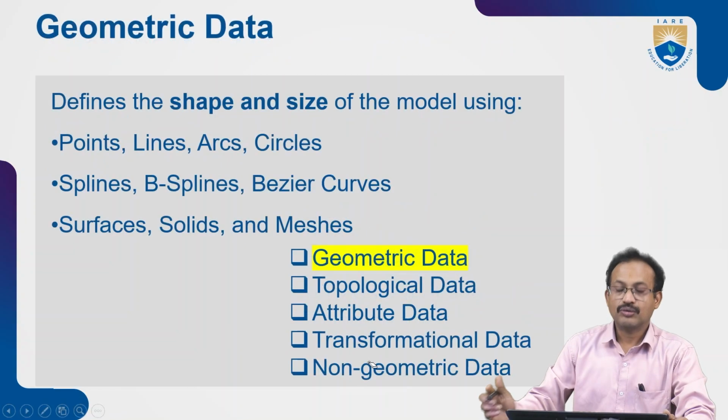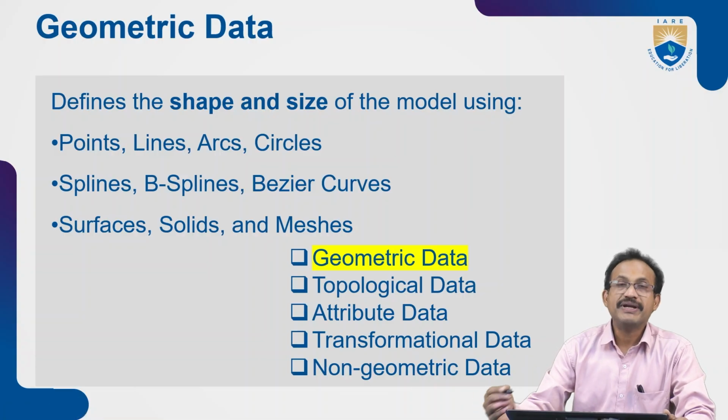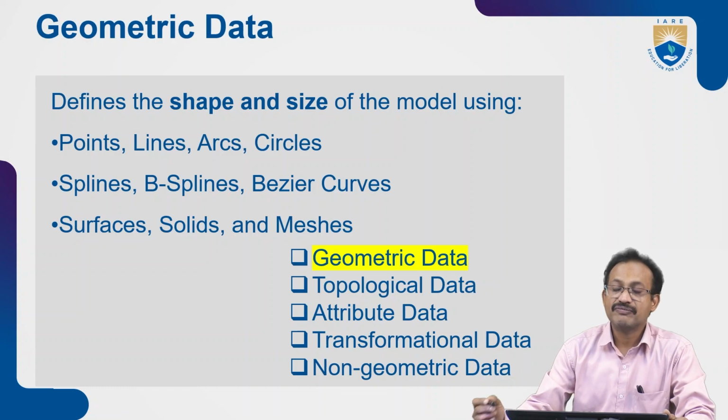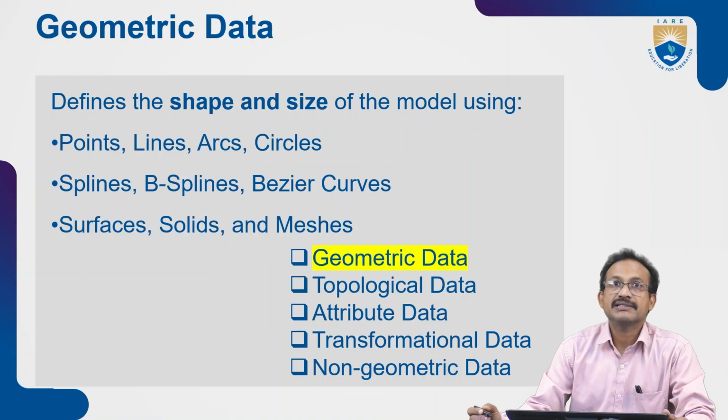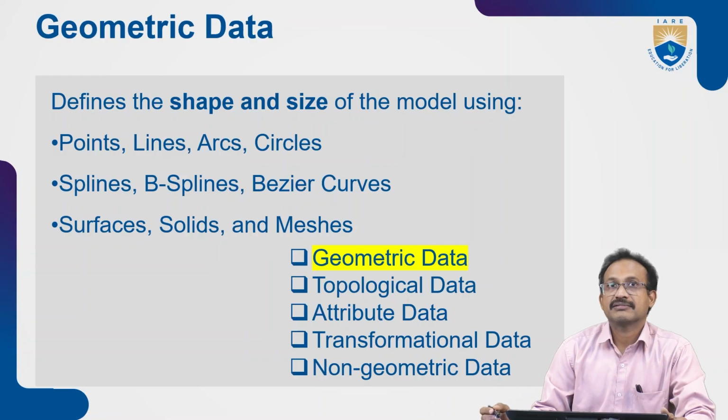First one, geometric data. Geometric data defines the shape and size of the model using points, lines, arcs, circles, splines, B-splines, Bezier curves, surfaces, solids, and meshes.